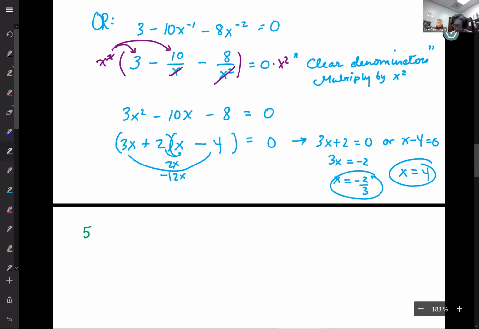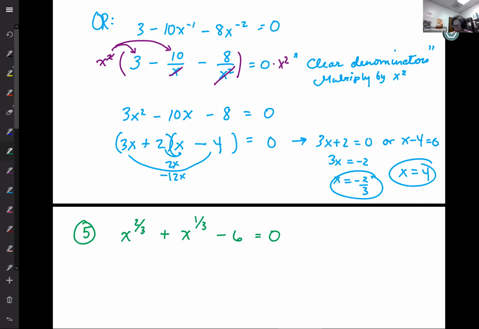Number 5 has x to the 2/3, which is cube root squared, and then plus x to the 1/3, which is cube root. And there's no way to isolate and undo both of those. So therefore, substitution is the only way.